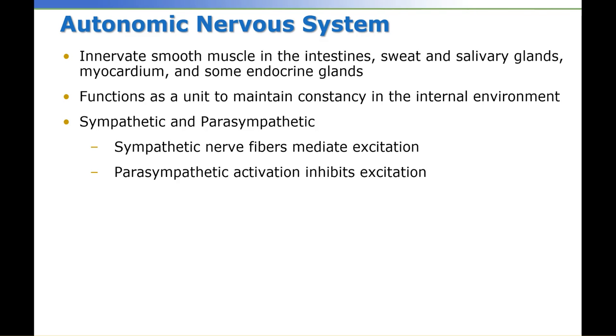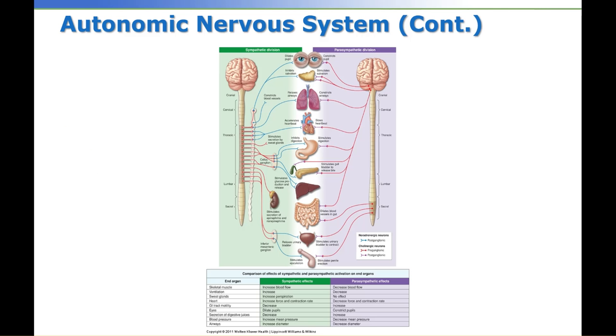Sympathetic deals with adrenaline. Parasympathetic deals with acetylcholine. Or should I say epinephrine? So sympathetic deals with epinephrine, and acetylcholine is what's used to elicit this parasympathetic response. And that's what we see here.